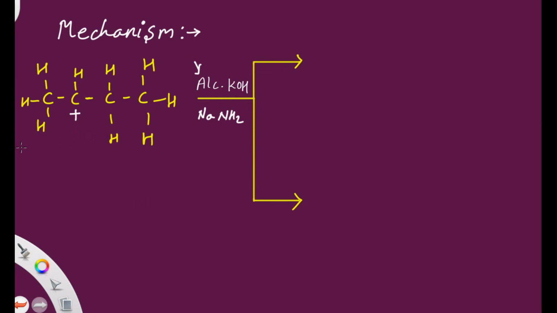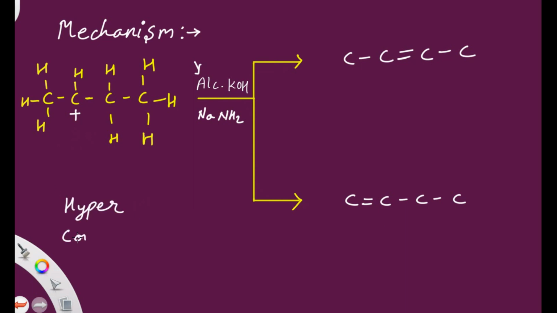In this particular situation, there are two alkenes possible. Let us make those alkenes. First one is this one, and second one is this one. Now, the major and minor product is decided by the number of hyperconjugations.